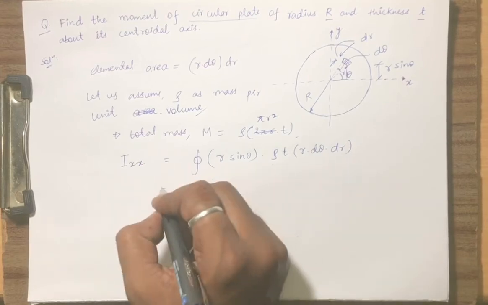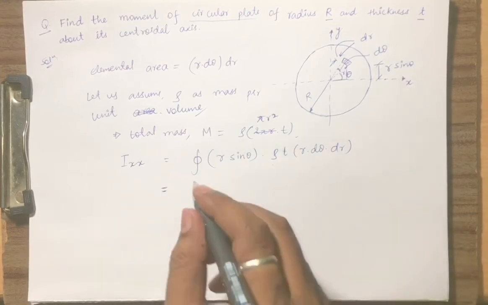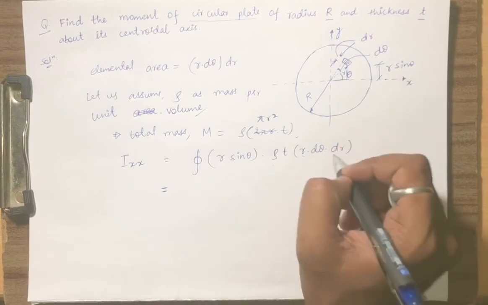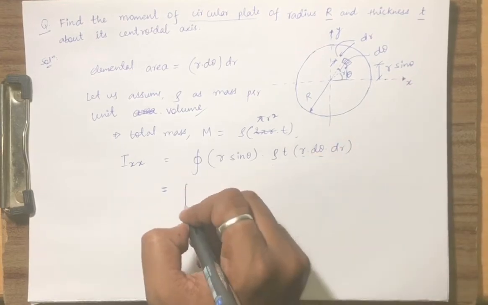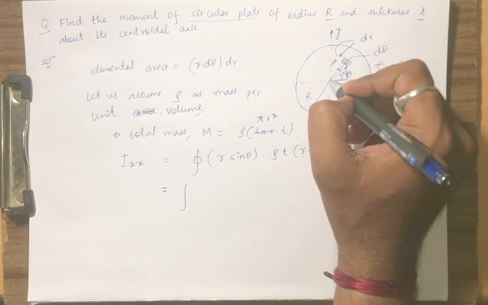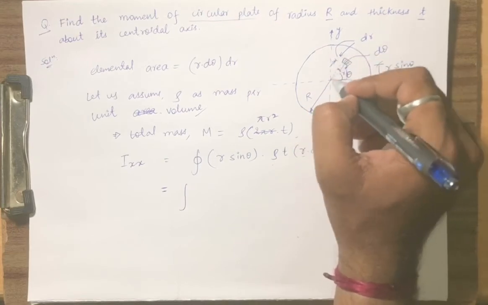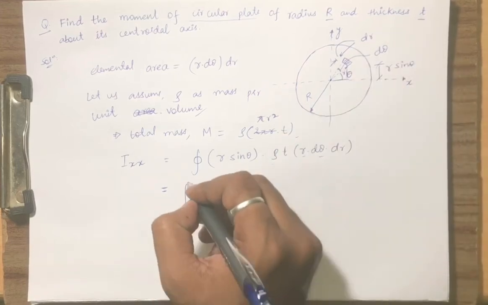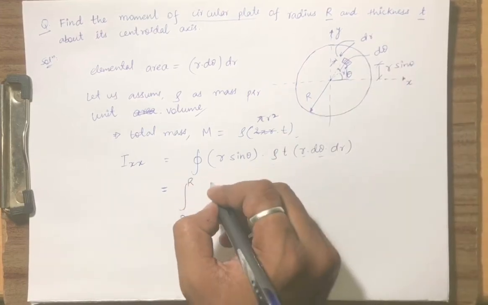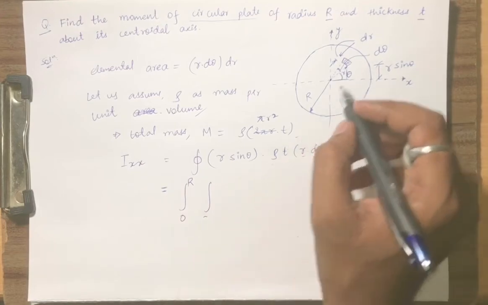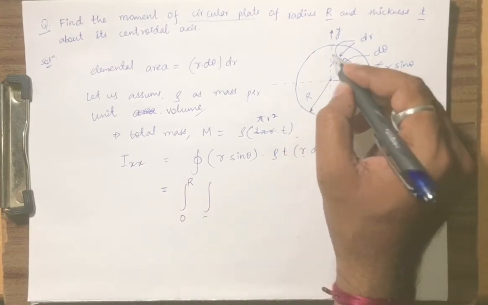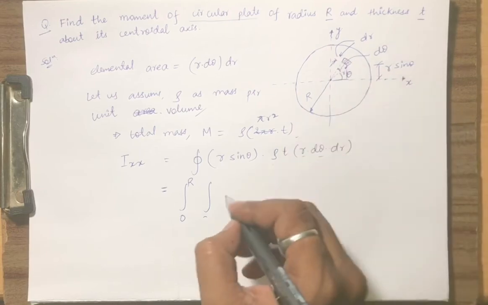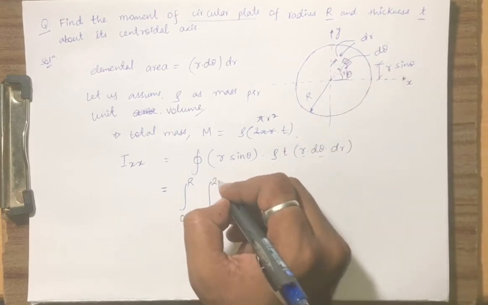Now we have to integrate this. So there are two variables, r and theta. So r, in order to cover this whole area, how much do we have to move from here? 0 to capital R. From here, to cover the full area we have to move 0 to 2 pi.